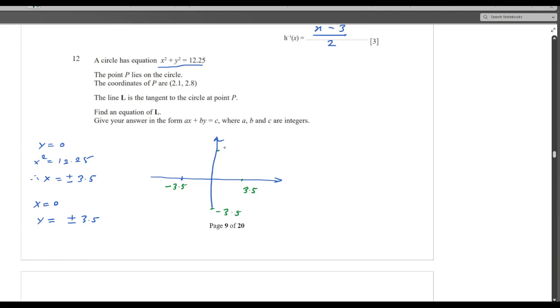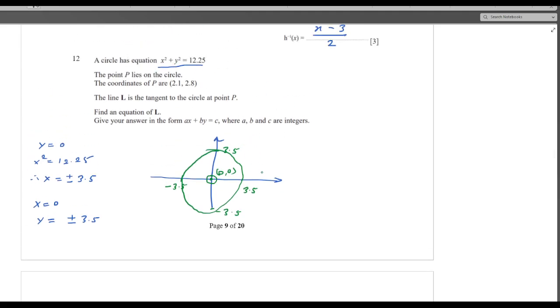minus 3.5 and plus 3.5. So by looking at all these points, we understand that the center of this circle is nothing but the origin (0, 0). As we know, the point P is given as (2.1, 2.8). Maybe somewhere here is the point (2.1, 2.8).